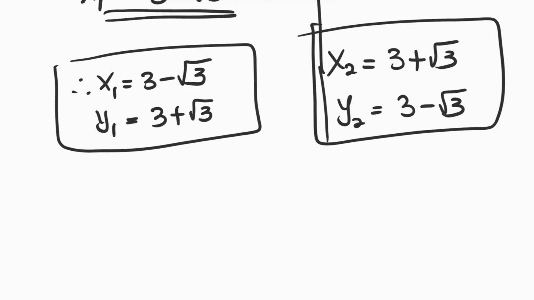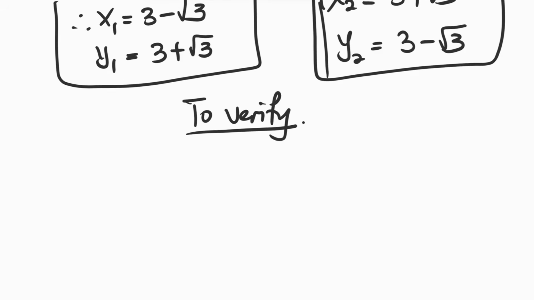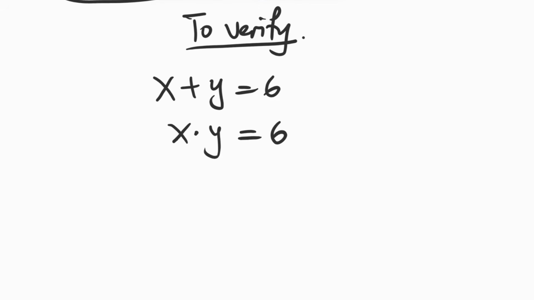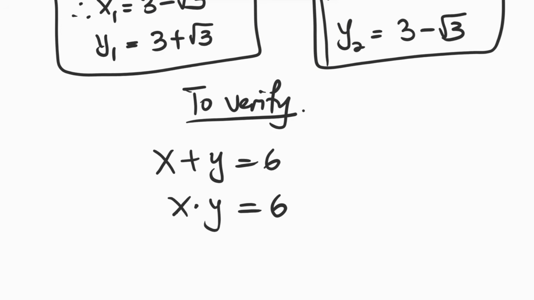So we're going to go ahead and verify these answers just to confirm that they're correct. Our initial question states that x plus y is equal to 6, or equation 2, x times y equals 6. We can either pick any of the equations, equation 1 or 2, or we can test both equations and see if our answers are correct.